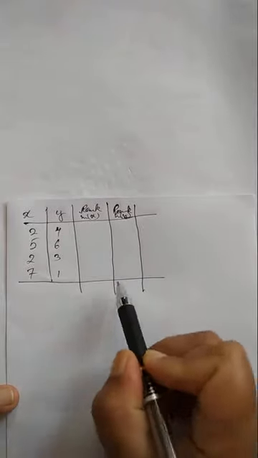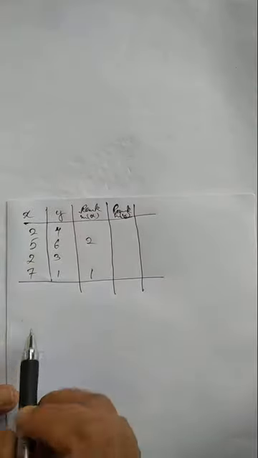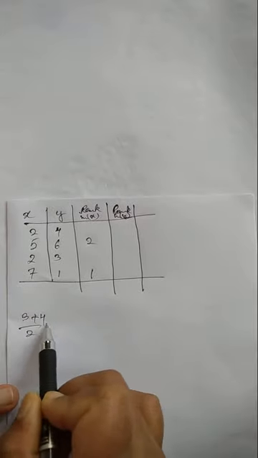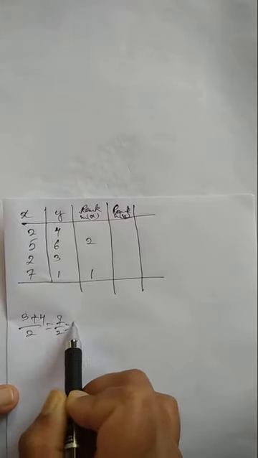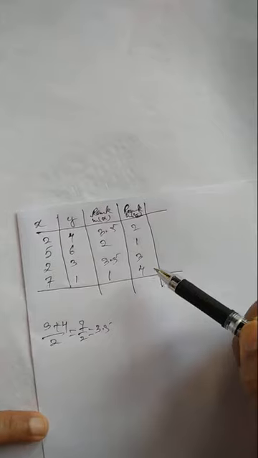The rank in x will be 1, 2. Since this 2 is repeated, at positions 3 and 4, we give 3 plus 4 by 2, which is equal to 7 by 2, which is 3.5. Then we give 3.5 and 3.5. Then the rank in y will be 1, 2, 3 and 4.